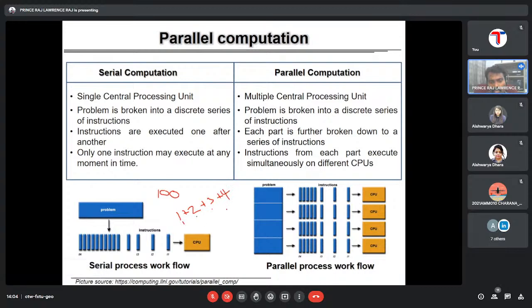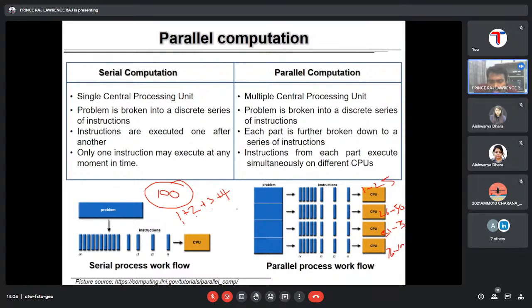Now consider the same 100 numbers done in parallel. 1 to 25 will be added here, 26 to 50 here, 51 to 75 here, and 76 to 100 here.